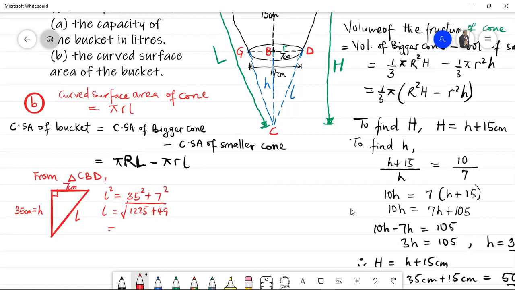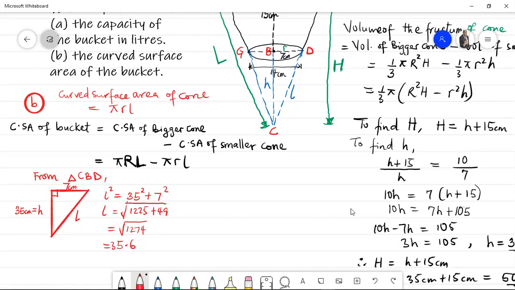So you expect that to land you on the square root of 1274. Taking that square root, we're going to have 35.69 centimeters. That's for small l now.